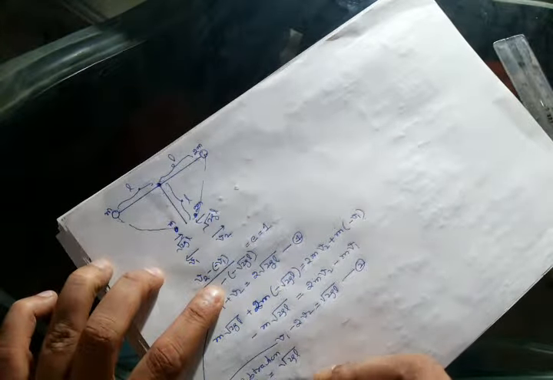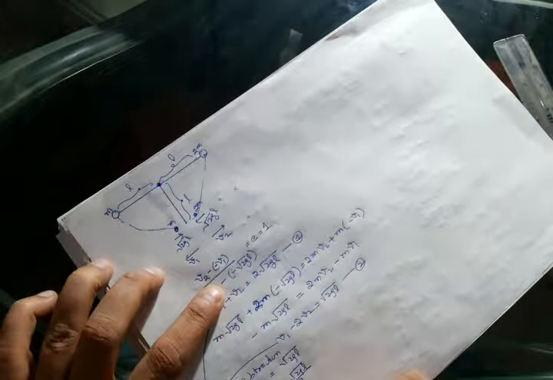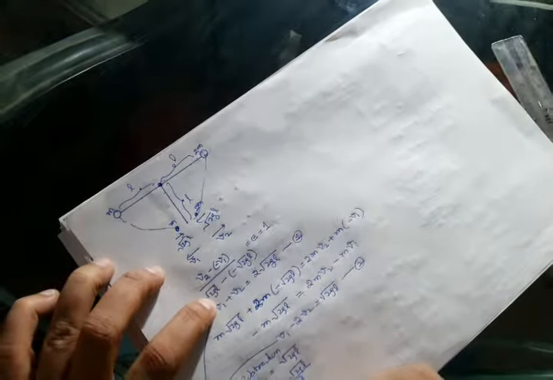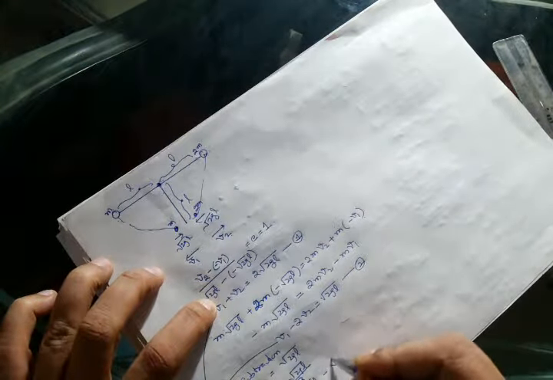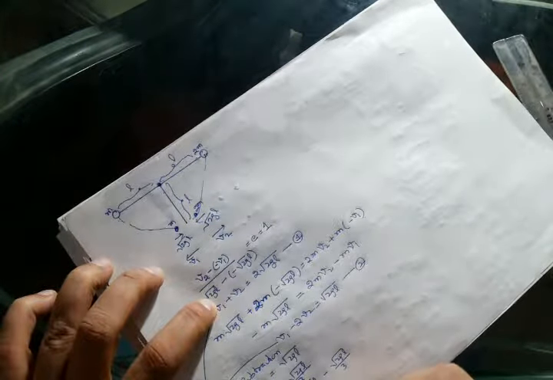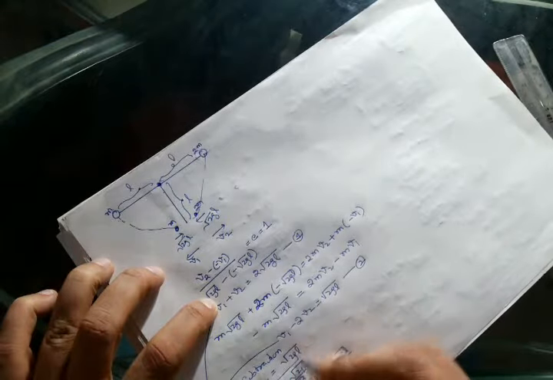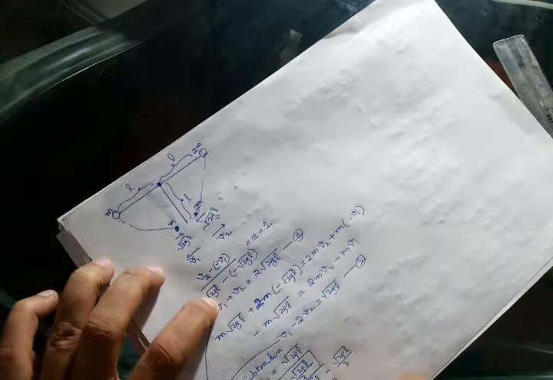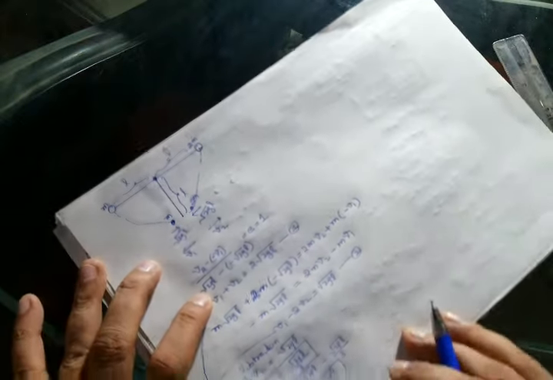So v2 is equal to root 2gl over 3, and v1 will be 2 root 2gl minus root 2gl over 3, which is 5 root 2gl over 3. So v2 is this, v1 is this one.